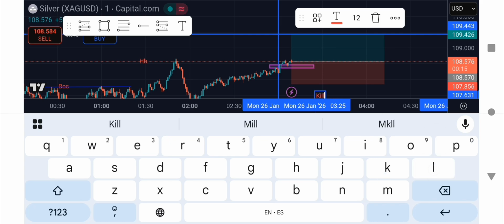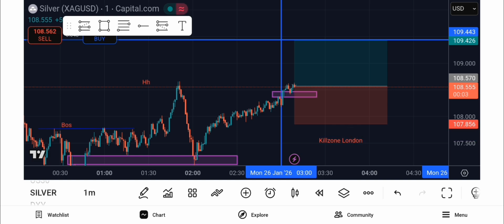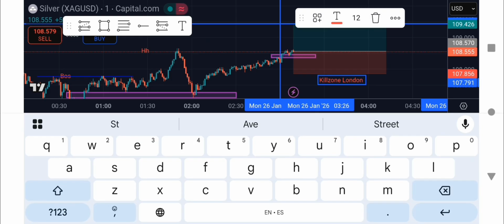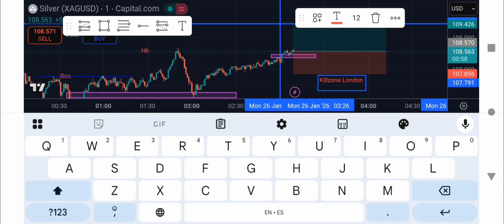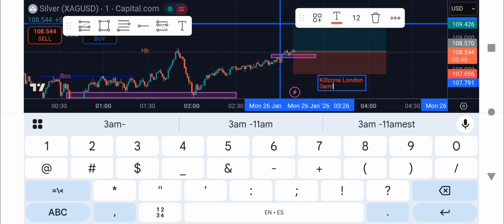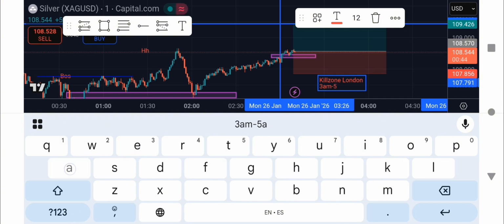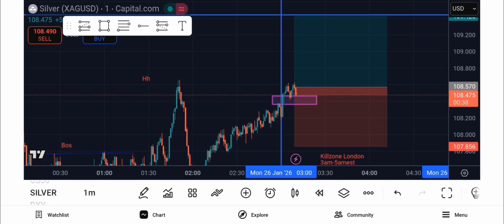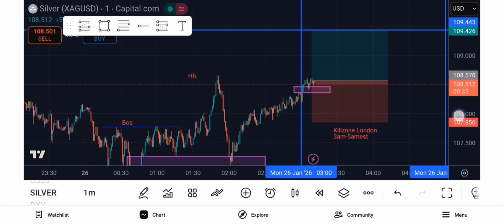So this is the London kill zone time, which is 3 a.m. to 5 a.m. Eastern Standard Time.